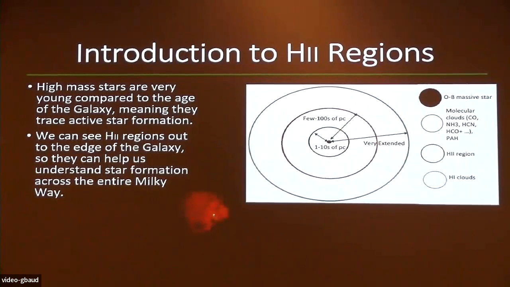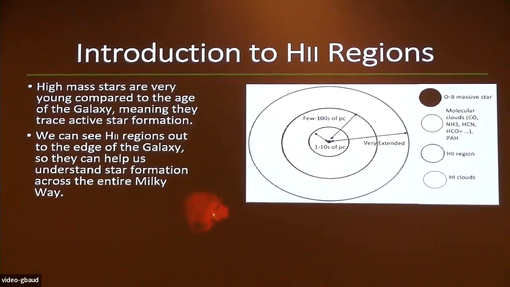As I said, since they are very massive, they tend to use all their fuel very quickly, so they don't have the time to drift very far from their formation position. It gives us a clear idea of the current structure of the galaxy. An H2 region, the surrounding of a massive star, can be seen like that. We have the center of the massive star, and we're going to have the H2 region in the very surrounding of the star, up to 10 parsecs.